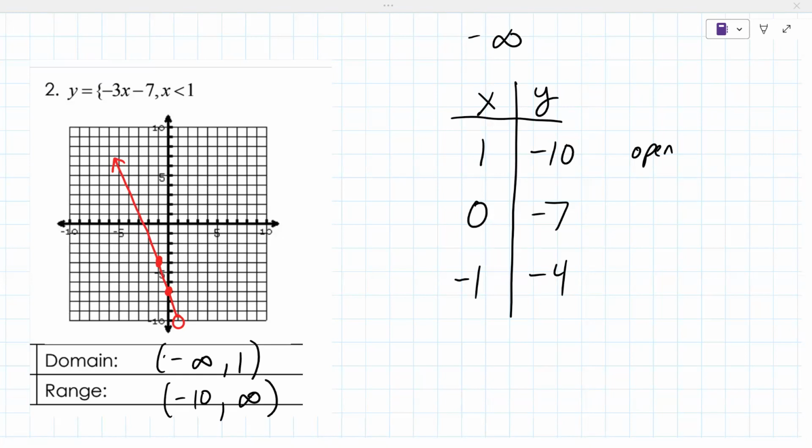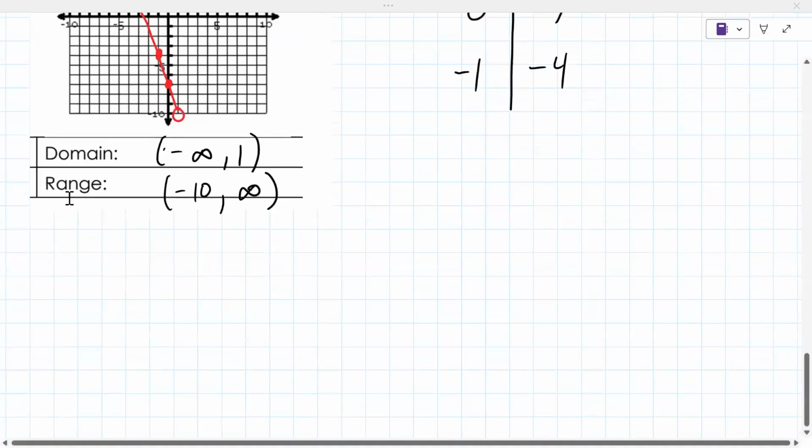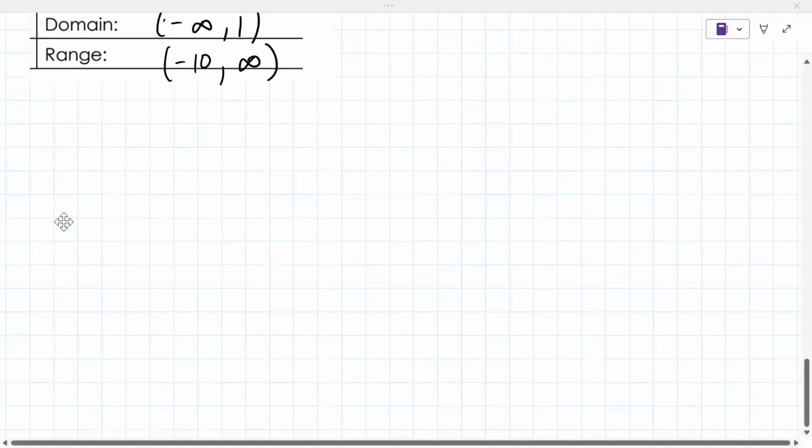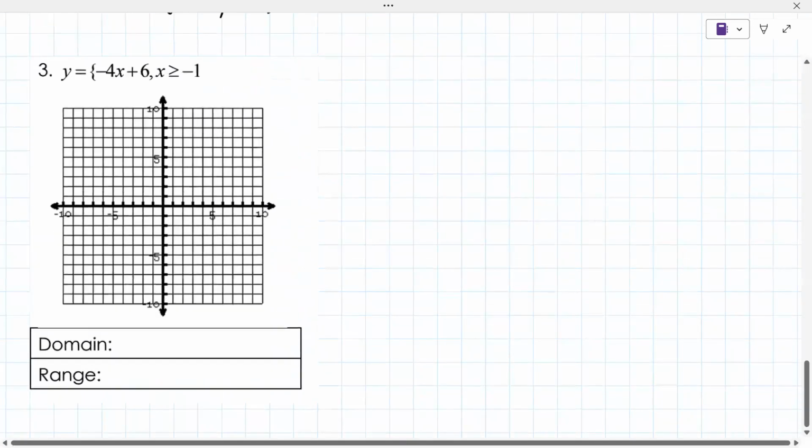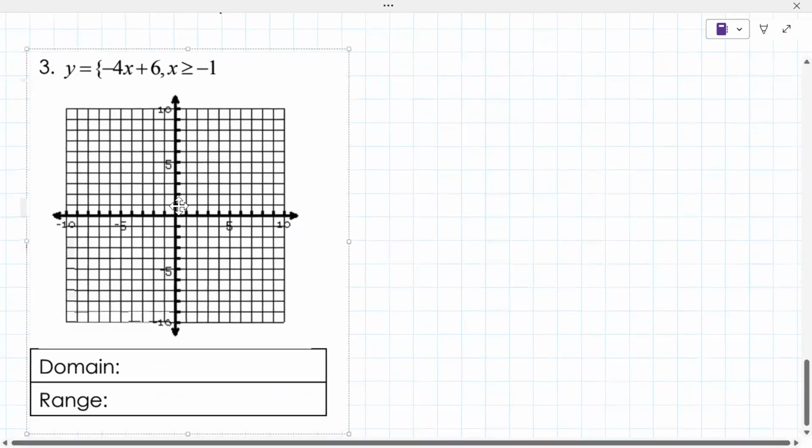All right, next one. Why don't you try this one on your own unless you already have, and then I can graph it here.